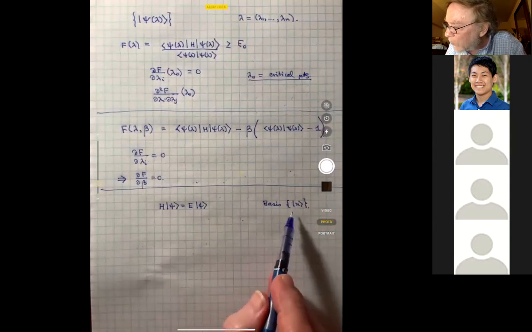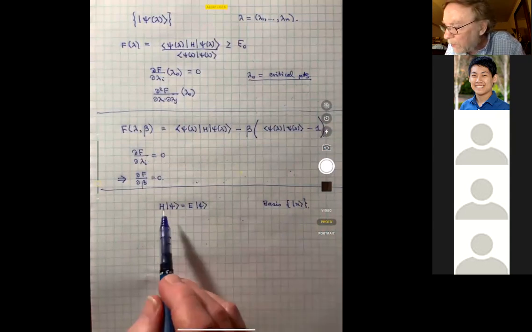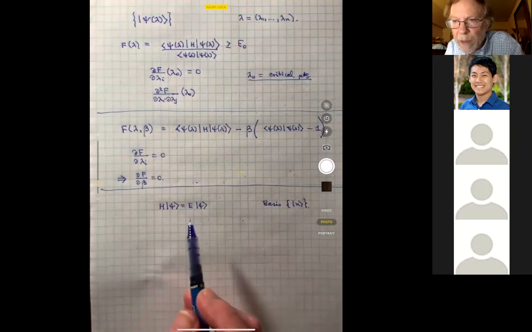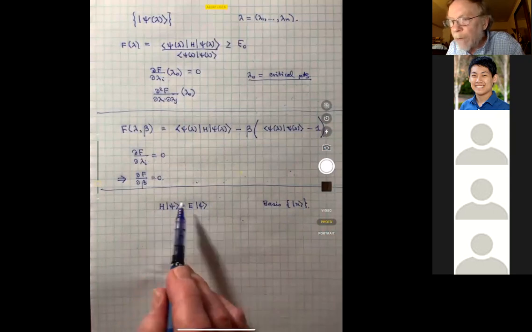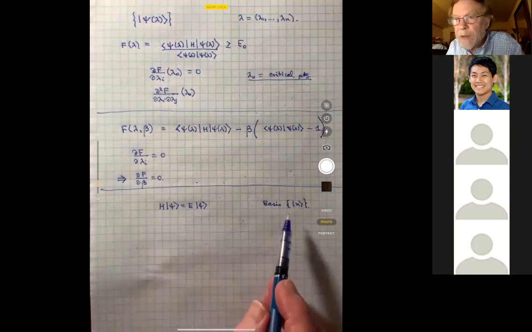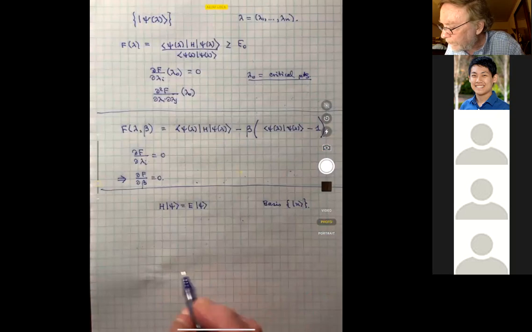In practice, the basis which I'm introducing here is not the eigenbasis of the Hamiltonian, because normally you wouldn't know that if you're trying to use the variational method. Instead, you might be trying to solve a one-dimensional problem with some potential that you can't solve, but the basis is the harmonic oscillator eigenbasis, which you know all about. So that's a typical way this might be used.